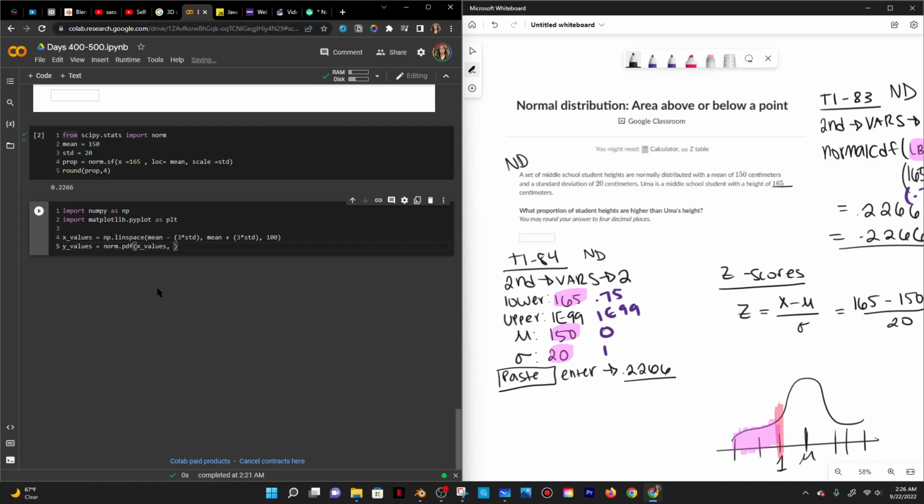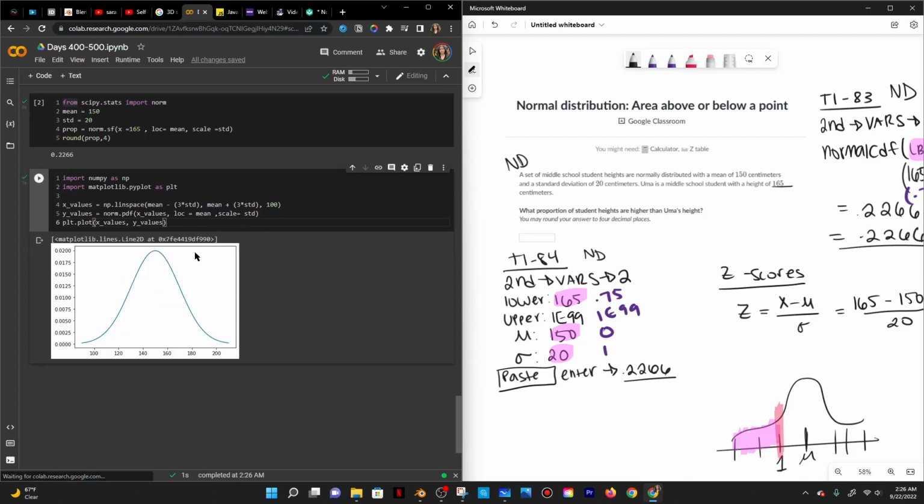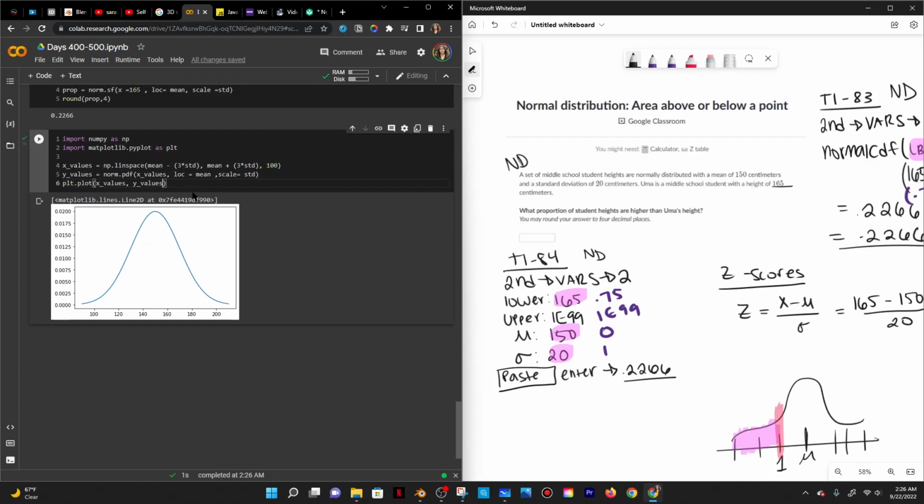And then we would also add the loc, which is the mean, and the scale, which is the standard deviation. And then I would just do plt.plot, which is a function that plots my values. So I'll do x values and y values, run that. All right, beautiful. This is our normal distribution graph.